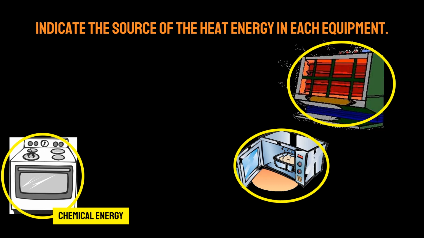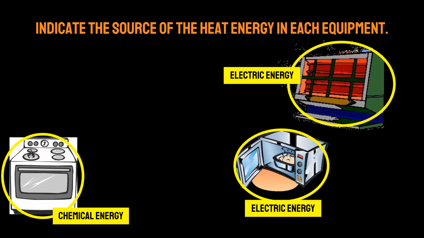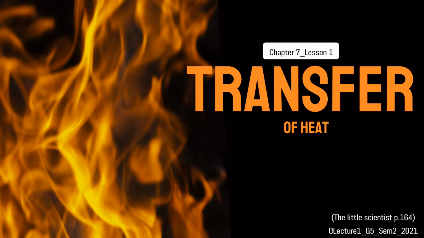We use electricity to turn the heater on, so it's the electric energy that changes into heat energy, and it's the case for the microwave, since the microwave uses electricity to produce heat energy. So in here, we have two sources of heat energy. The chemical energy changes into heat energy, and also the electric energy changes into heat energy.